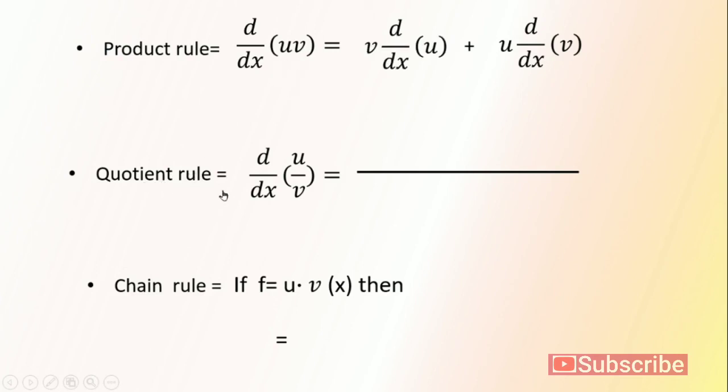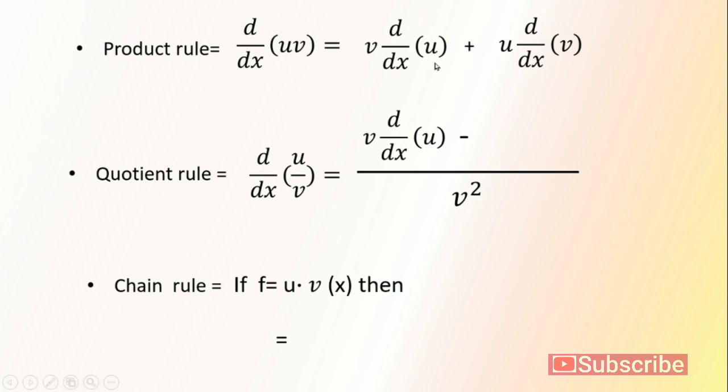Okay. Now this is the quotient rule, division. Two functions are there which are in the p by q form, meaning u by v. Then how will you differentiate? Let us begin. See, v, the denominator, denominator square. Start with this v square, then v d by dx of u. Remember that you start with the denominator, then d by dx of the numerator u, and next minus, not plus.